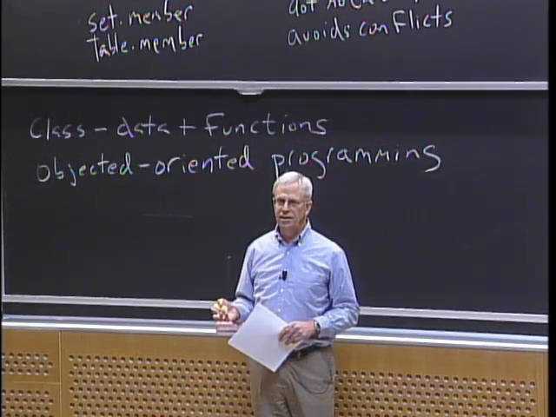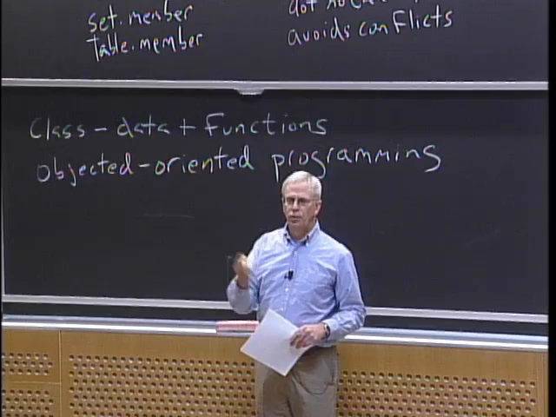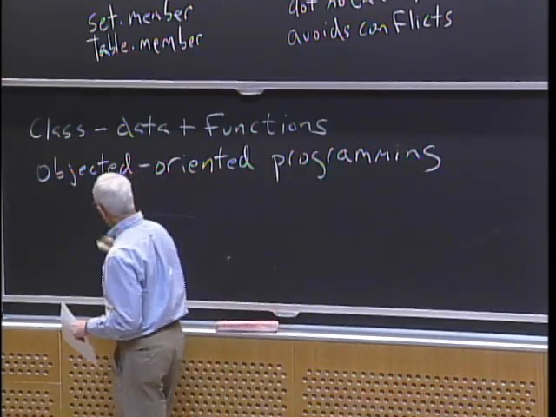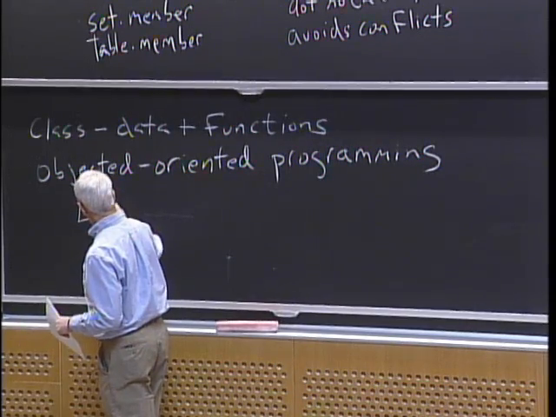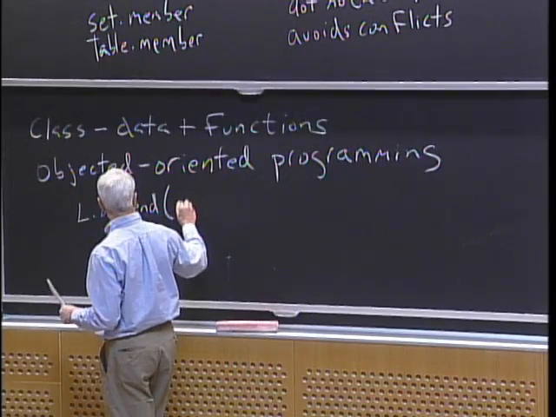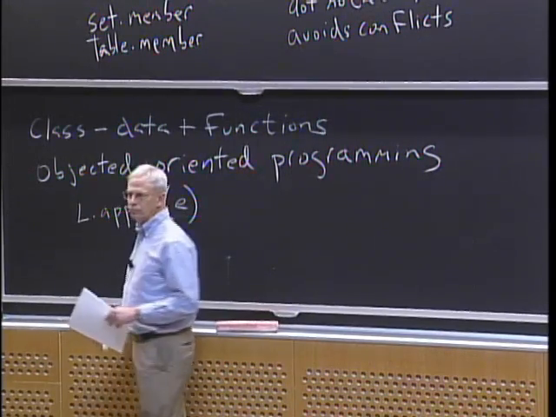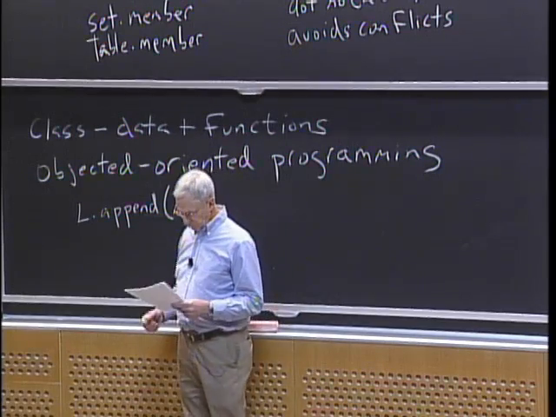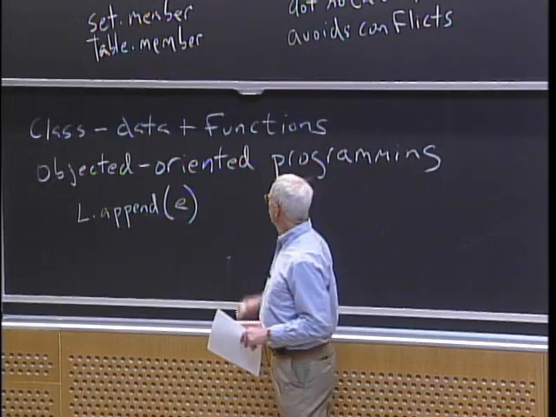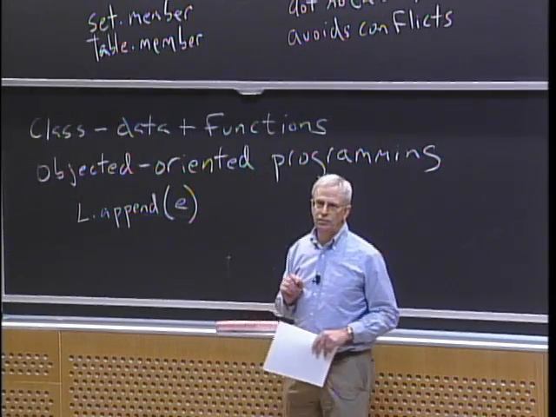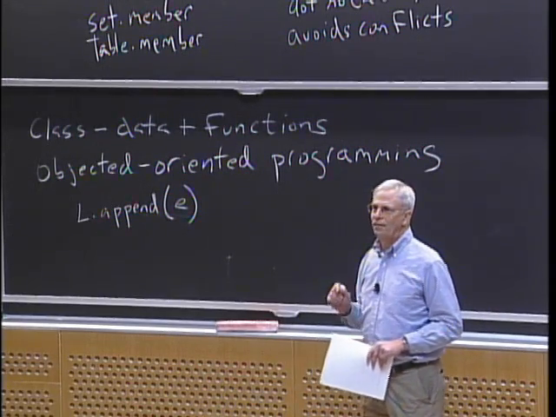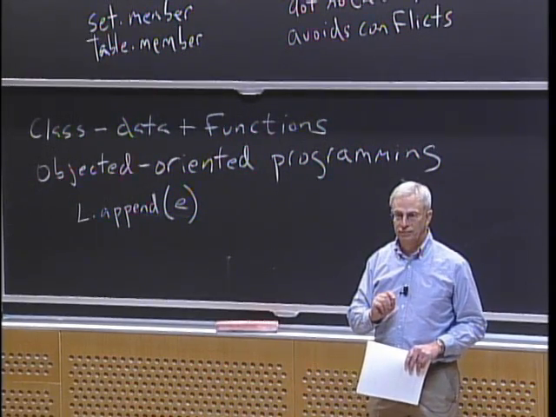And this is really the key to what people call object-oriented programming, a very popular buzzword. So we've already seen that kind of thing, where if we pass a list from one function to another, we can write something like l.append, some value. The data and functions associated with an object are called that object's attributes.